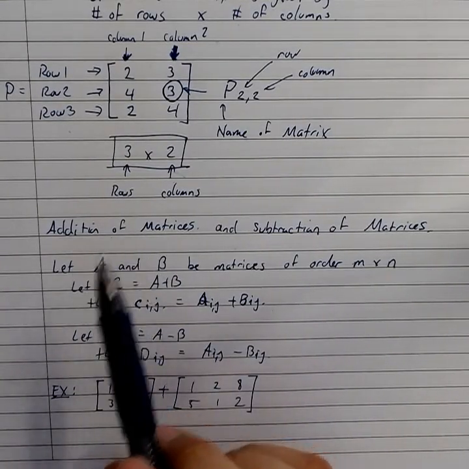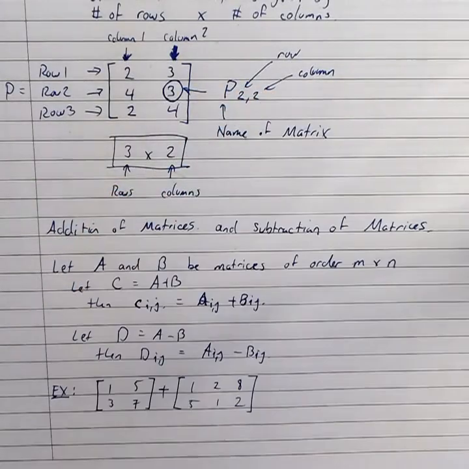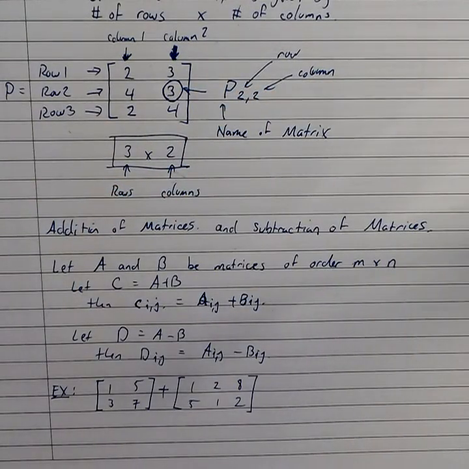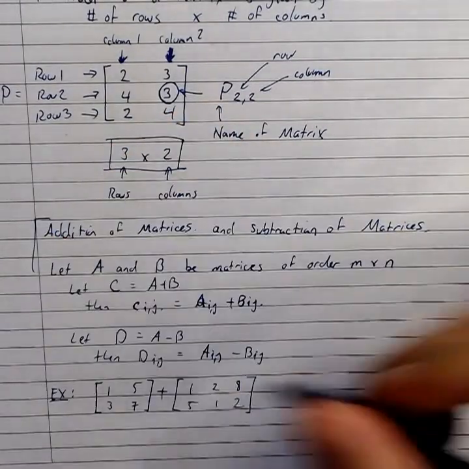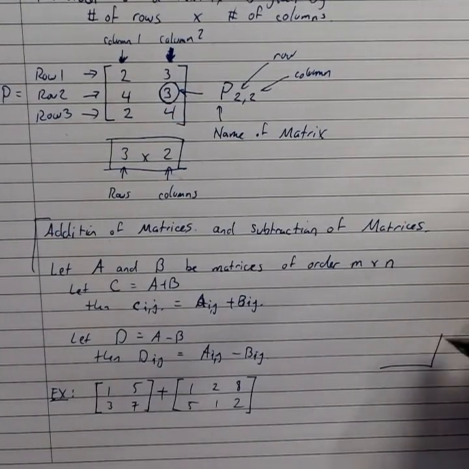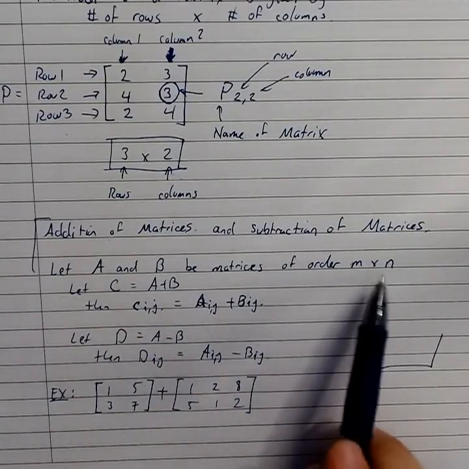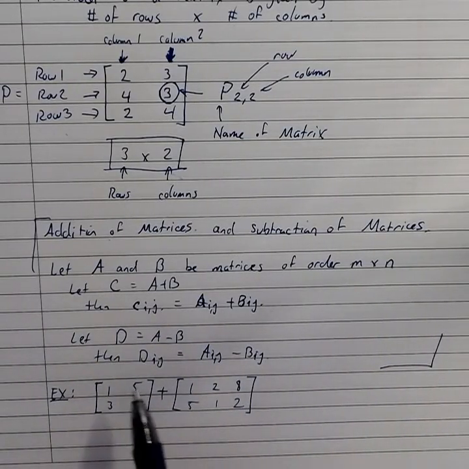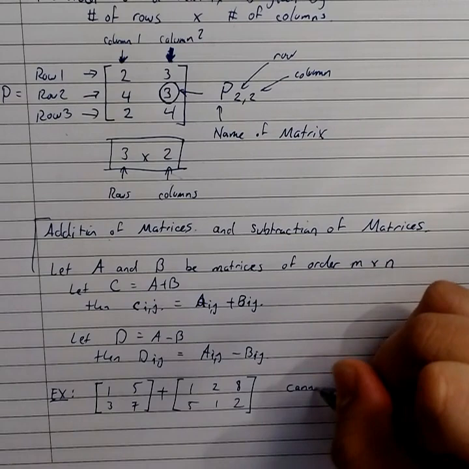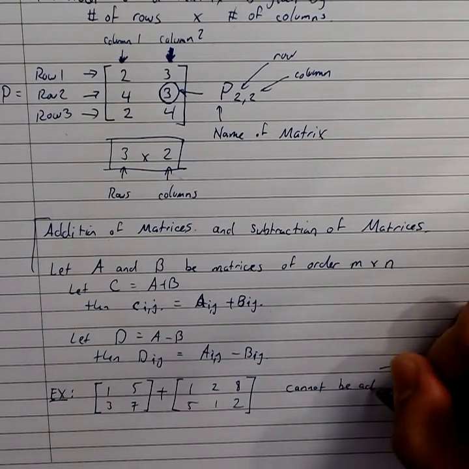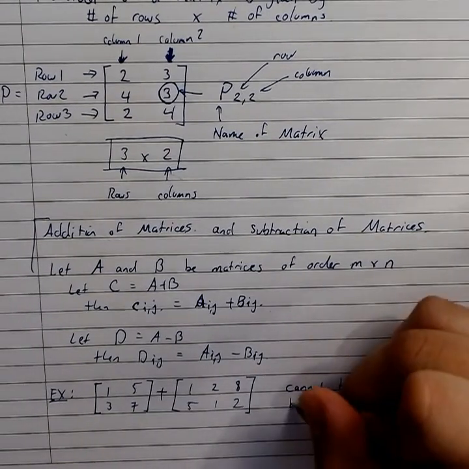Because our technique, the way we add and subtract matrices, begins by assuming that you have two matrices of the same order. Here, the order of this is 2 by 2. The order of this is 2 by 3. These cannot be added because they have a different order.